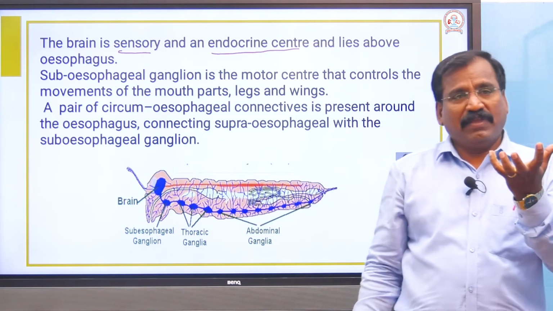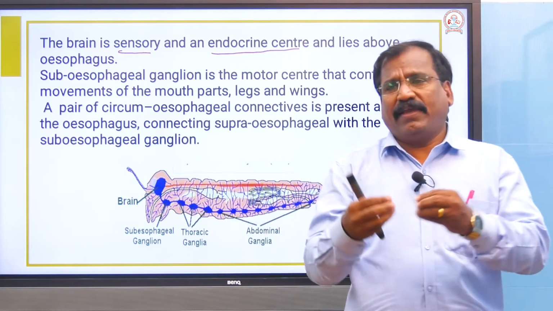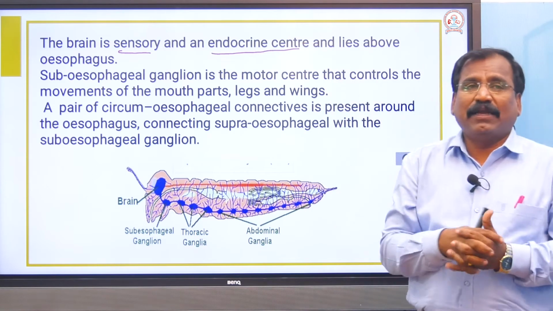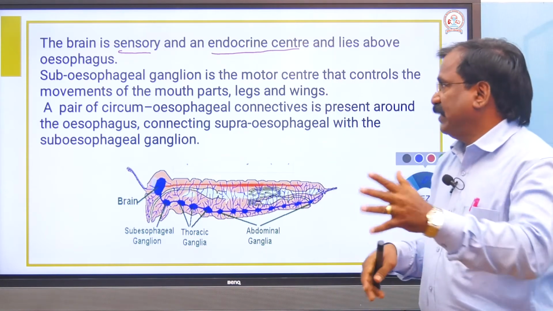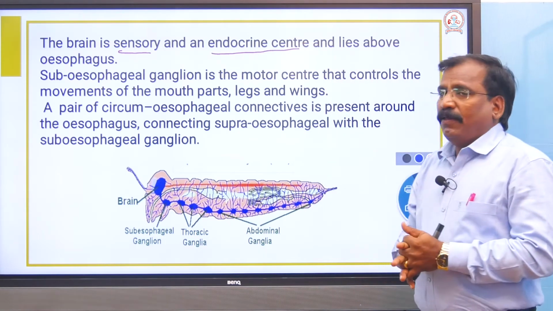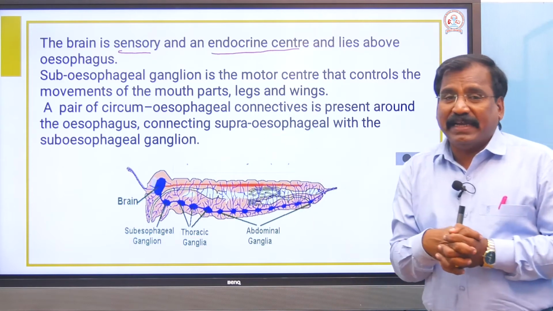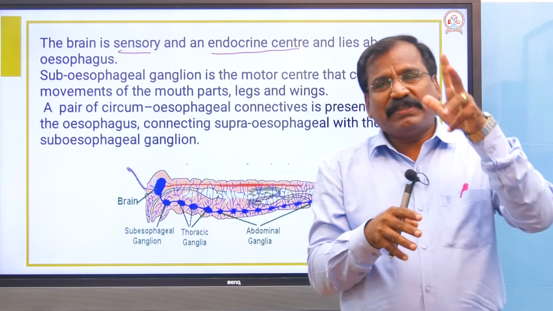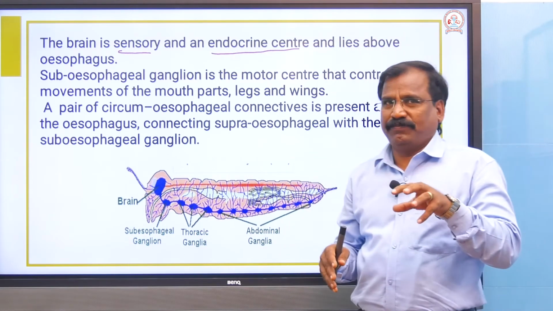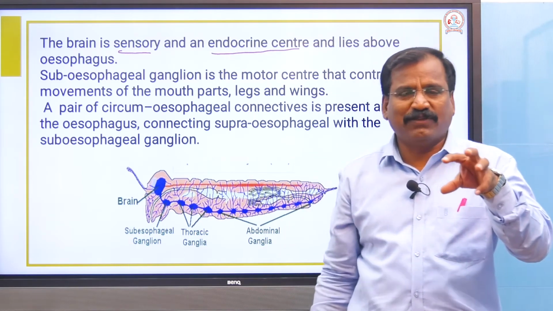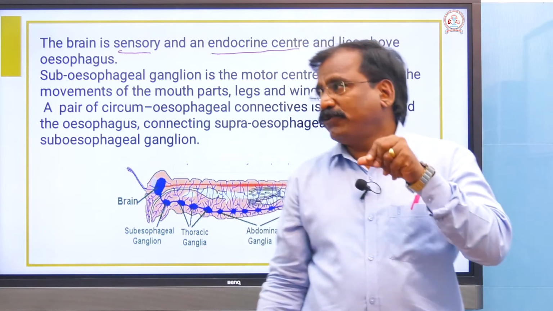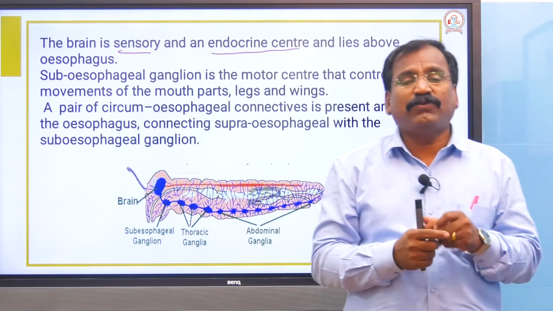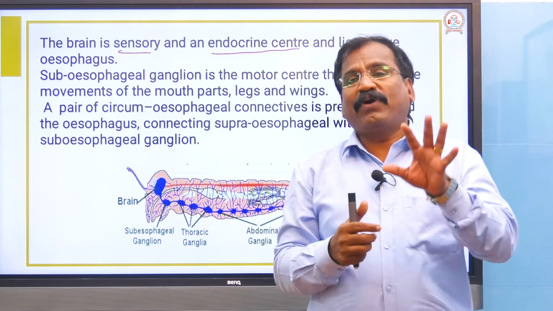It controls the antennae and eyes, that is, the sense organs, so it is sensory in function. It is also an endocrine center that secretes hormones. Apart from the sensory function, the brain also acts as an endocrine gland.